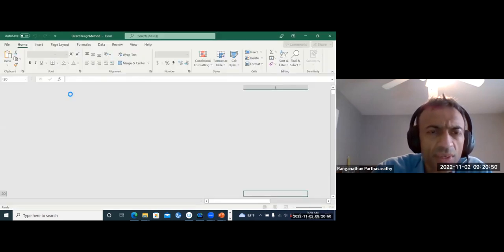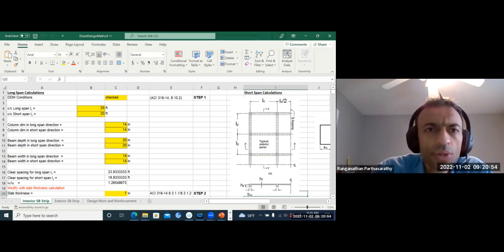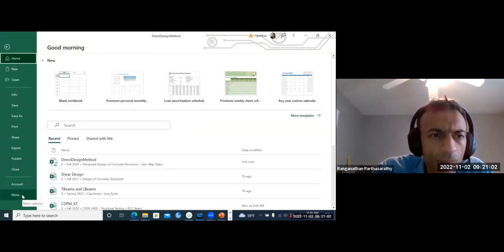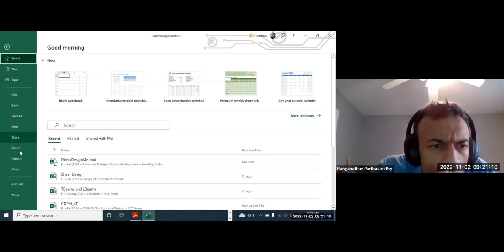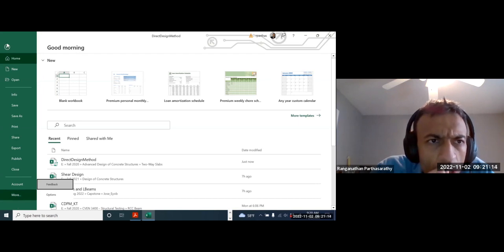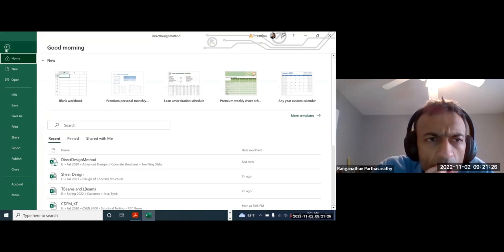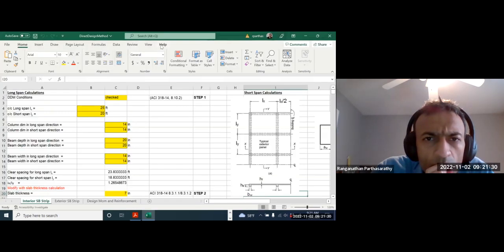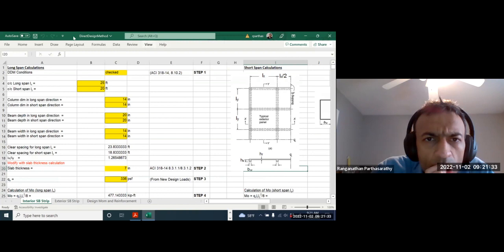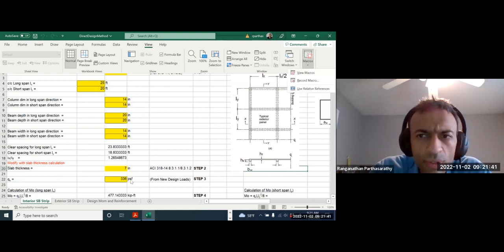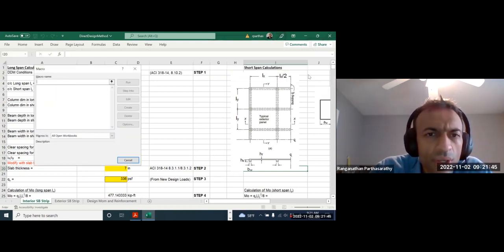Let me show you what I'm saying. I think we need to go to, you might need to do this too on your computer, More options. View macros.